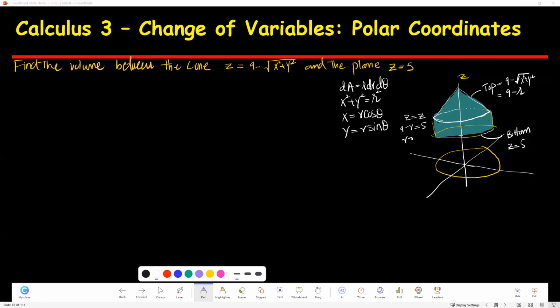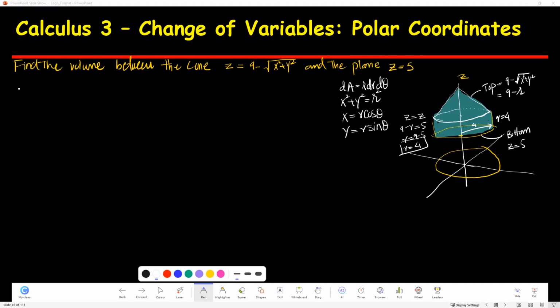From here, r equals to 9 minus 5, so r equals to 4. And I know r equals to 4 means really this r here is 4. You start with 0, go up to 4.